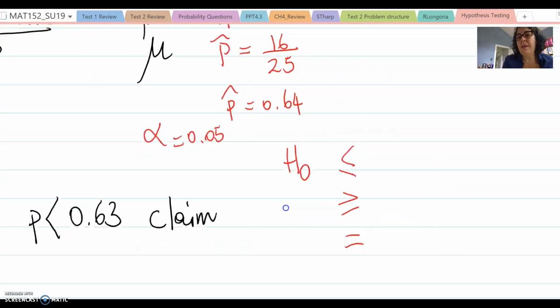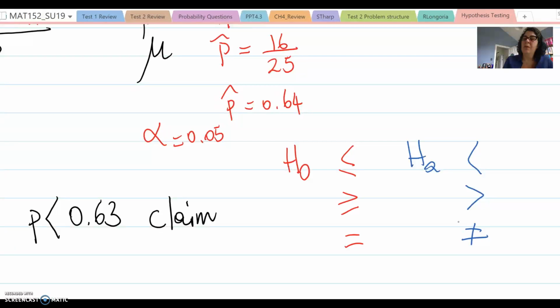Okay, everything less than, greater than, or not equal to needs to go to H alternative. And any symbols that I'm going to use here should be mu or P, meaning proportions. Okay, so that's the tricks.